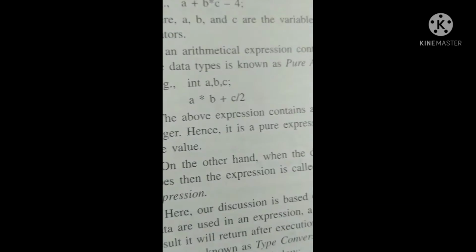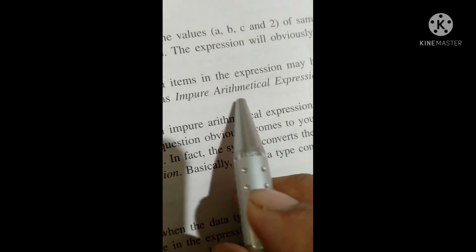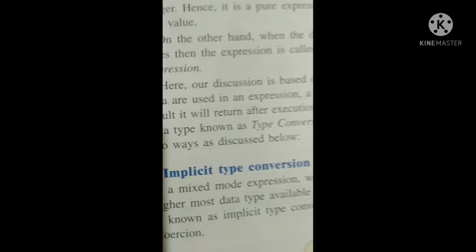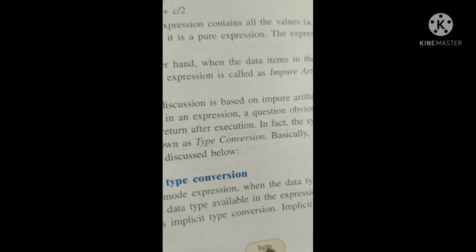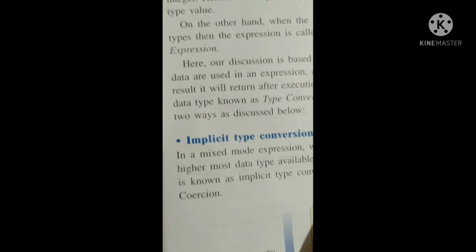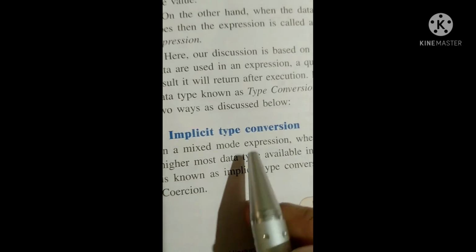Suppose A into B is in integer, then C by 2 is in float. So if data types are mixed, that is called an impure arithmetical expression. Okay, so that is also called type conversion. Next I am telling you implicit type conversion.